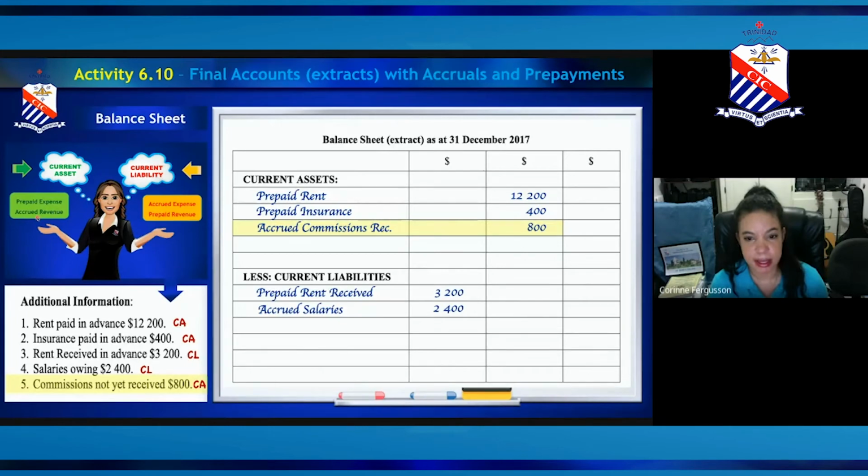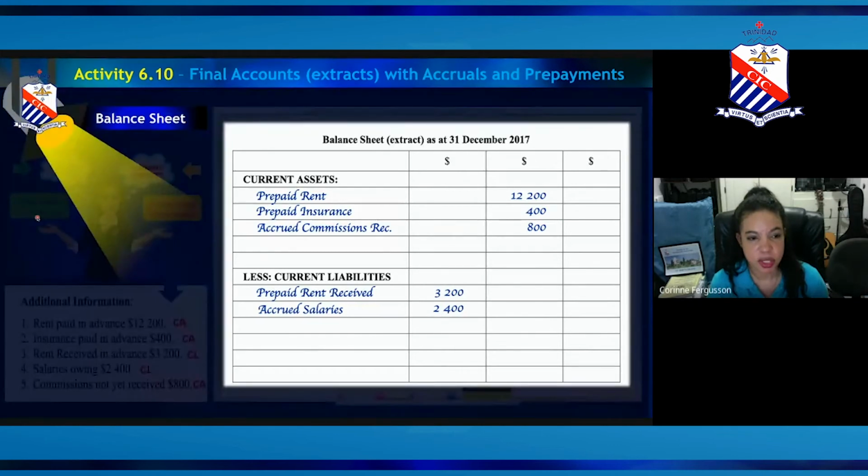And that's it. And have we done all? Yes, we have. So this would be our answer. And just like we did for the income statement, you will just have your tallies. So in this case, our total current assets is 13,400. And our total current liabilities would be 5,600.